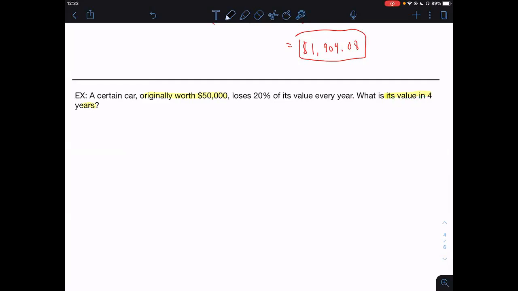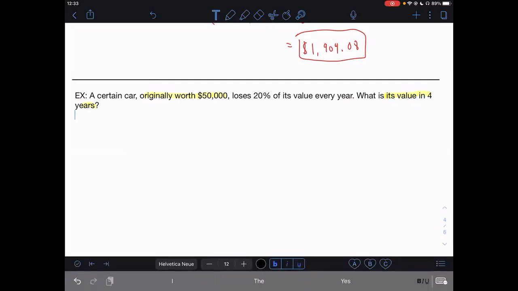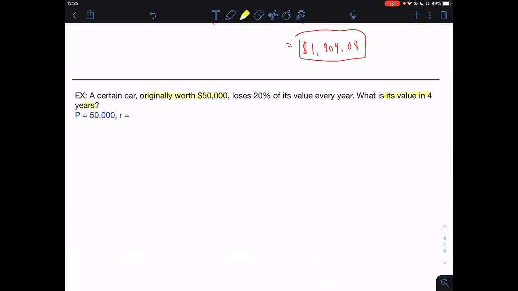All right, so once again, let's first denote the numbers that we need. The initial amount is 50,000, so that'll be our value of P. Then our interest rate, which in this case is 20%. But notice that it says it's losing 20% of its value every year.